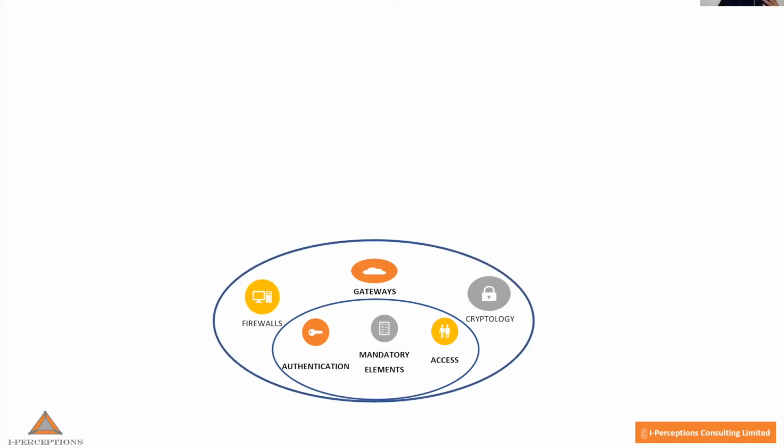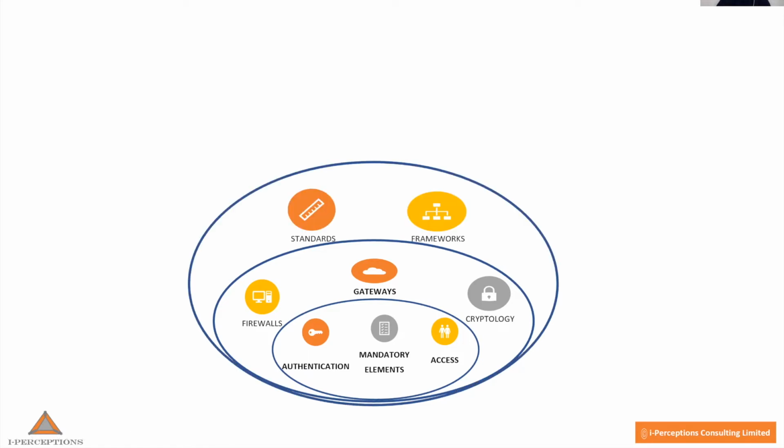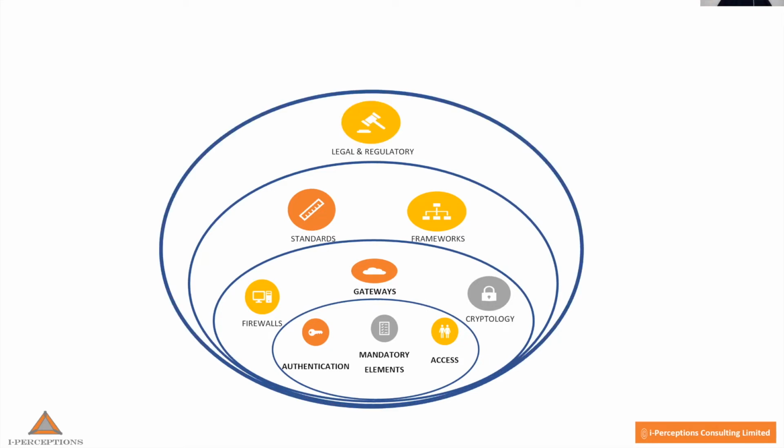We could also, as BAs, help the IT teams to secure the gateways or the firewalls if we are a technical BA, or a BA working in the security teams, as Scott shared from his experience. Or we could support the organization in implementing security standards or frameworks, or the legal and regulatory requirements for data protection, for example.